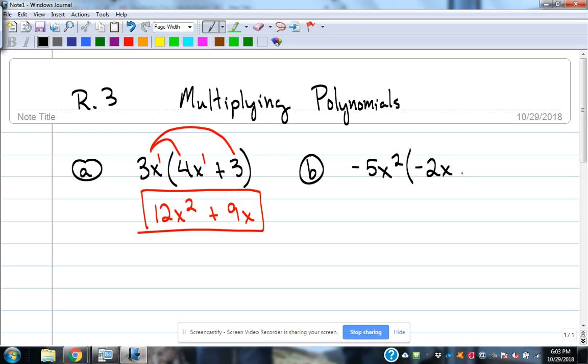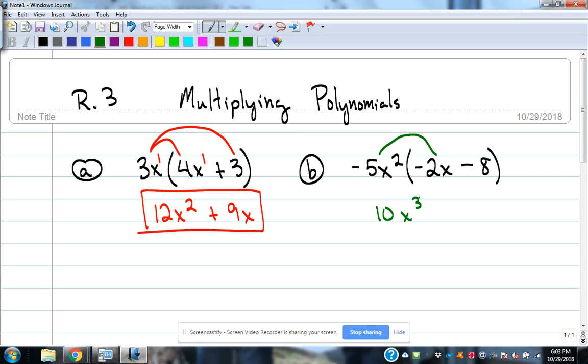Negative 5x squared times negative 2x minus 8. Still distributive property. It's still polynomials. Okay? Multiplying negative 5x squared times negative 2x. Negative 5 times negative 2.